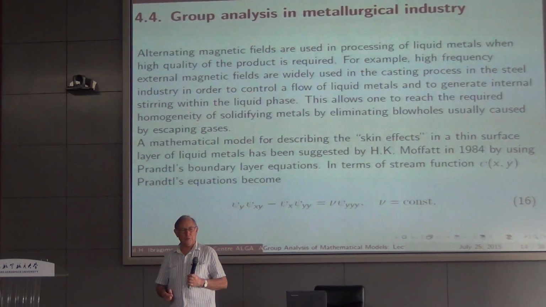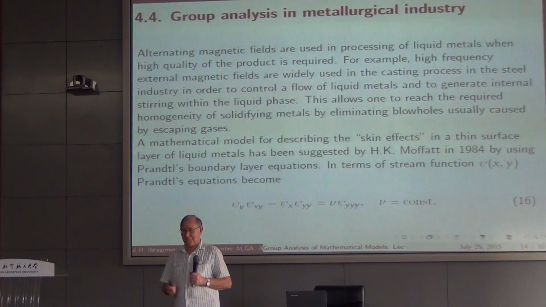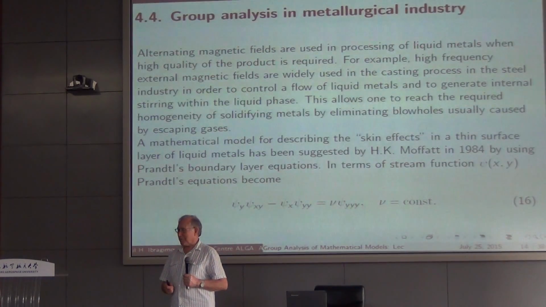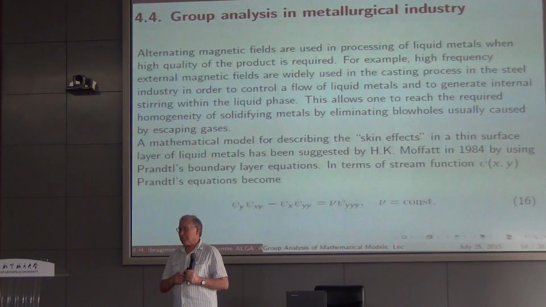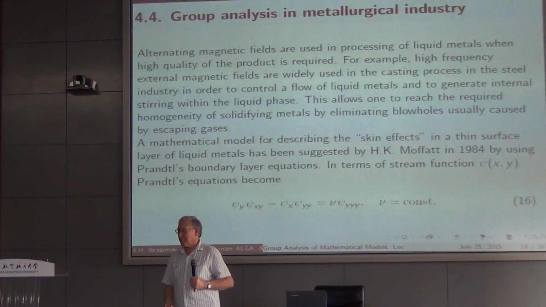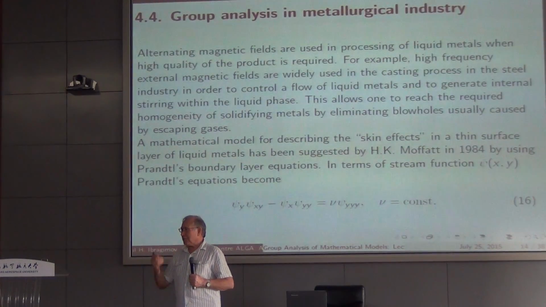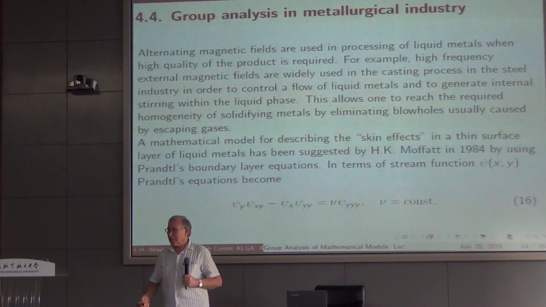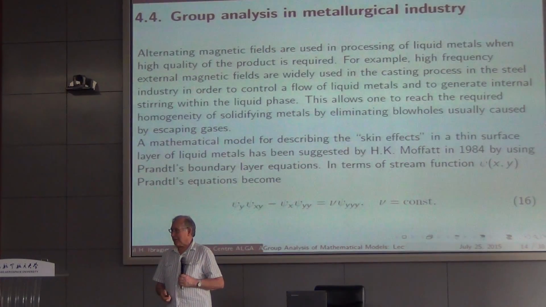That's why they try to eliminate those bubbles. First they did that by mechanical shaping. Because of the pressing, bubbles go out, but not all of them. A lot of them stay in the metal.